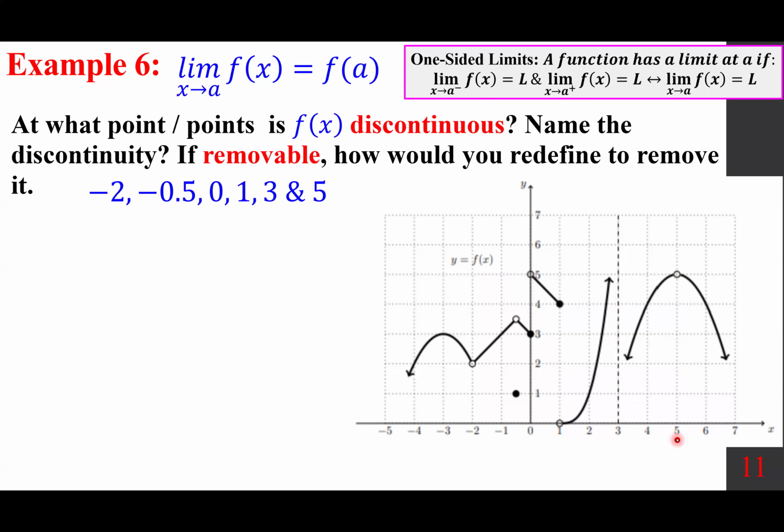First, we notice that at 0, it jumps. At 1, also it jumps. So 0 and 1, those are jump discontinuities. We also notice number 3, we have a vertical asymptote or infinite limit.